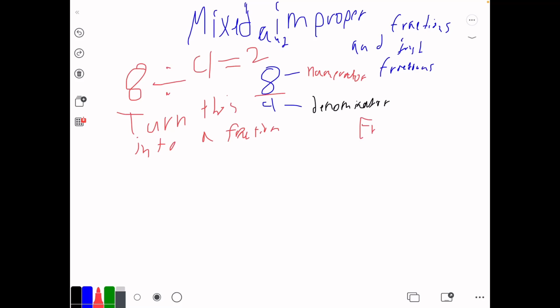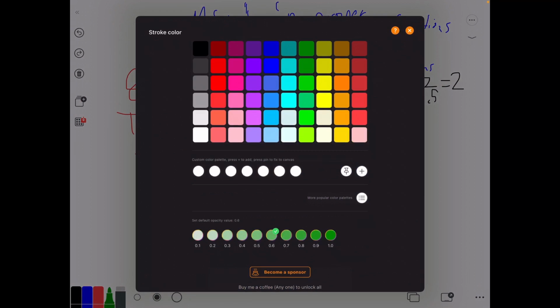Now, so that is fractions. Talk about improper fractions. Oh yeah, I forgot to say one thing. It can also be like decimals. It can be like 7 over 3.5. That equals 2. Okay, yeah.